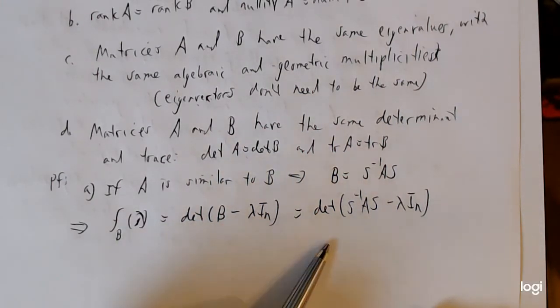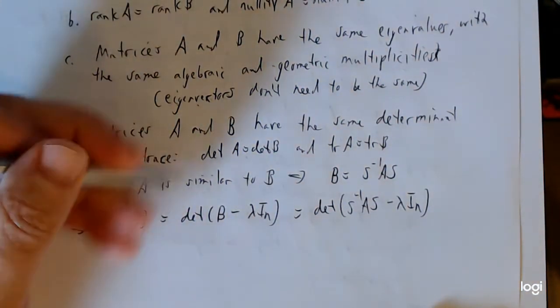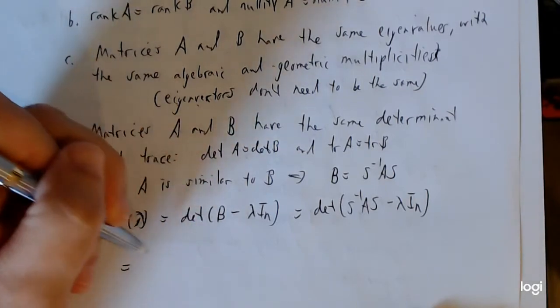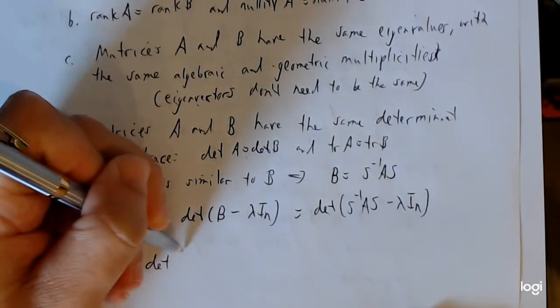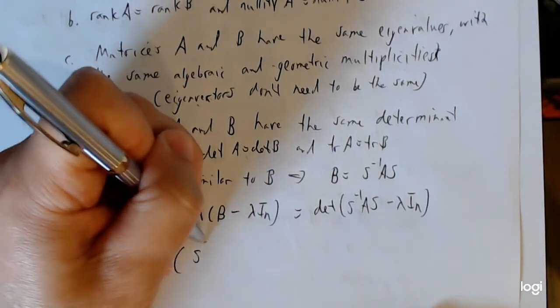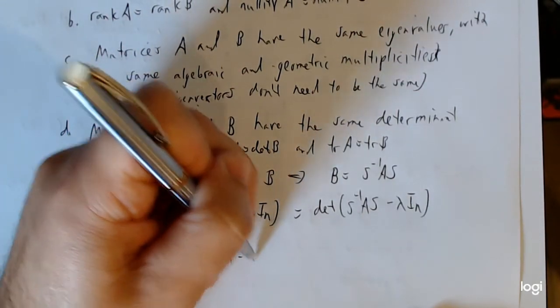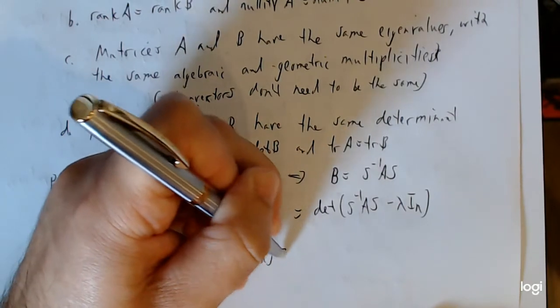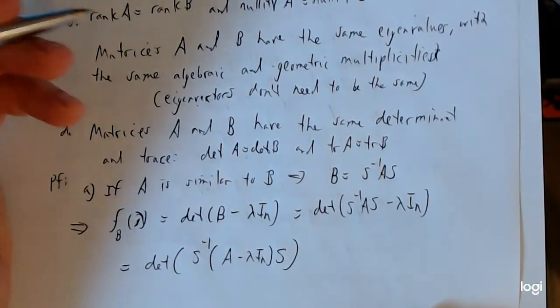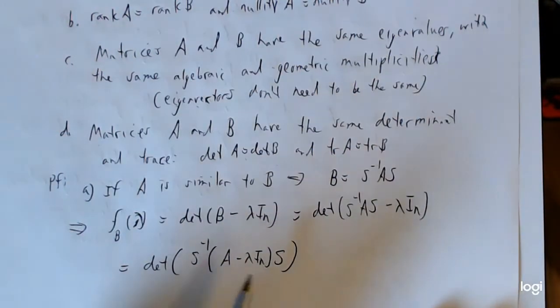And then what we can do is now say this is equal to the determinant of S inverse times A minus lambda I sub n, times S. Now, what happened from here to here?